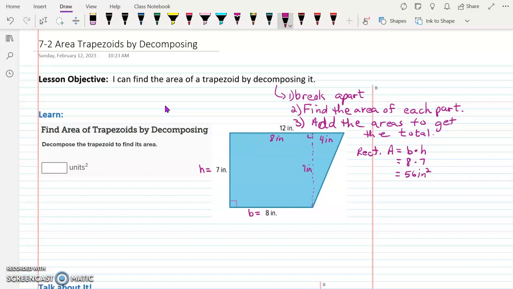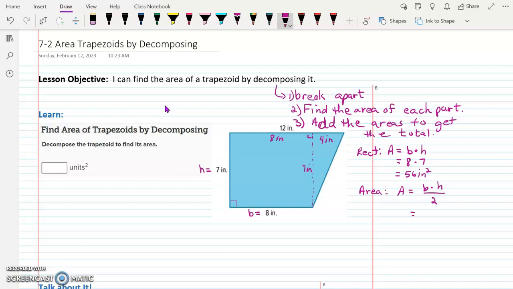Now I need to find the area of the triangle. Well, the area of a triangle is the same as a rectangle, except we have to divide by 2. So the area is the base times the height divided by 2.